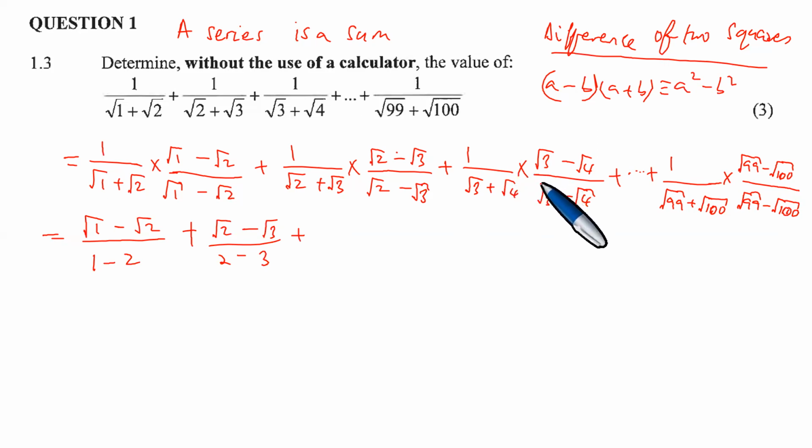So we continue. We multiply this with that, which is the square root of 3 minus the square root of 4. The square root of 3 by the square root of 3 is 3. The square root of 4 by the square root of 4 is 4. You put negative here.